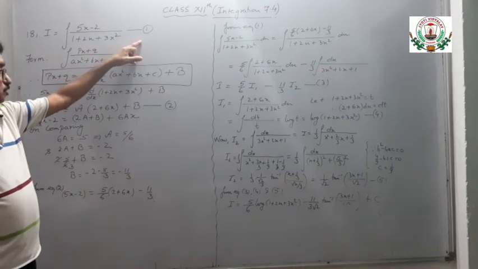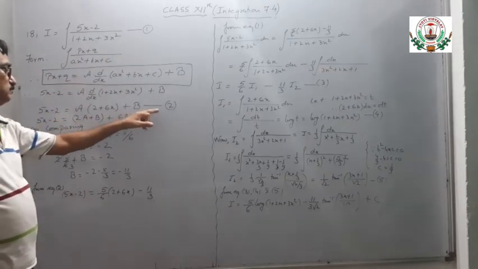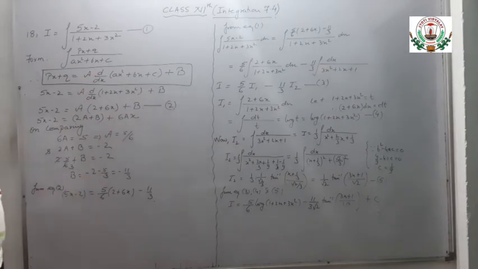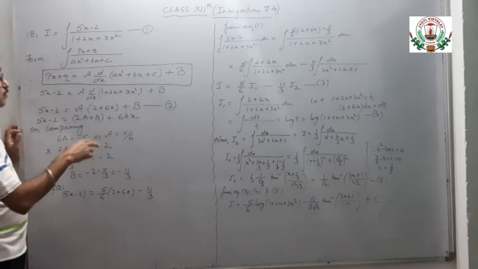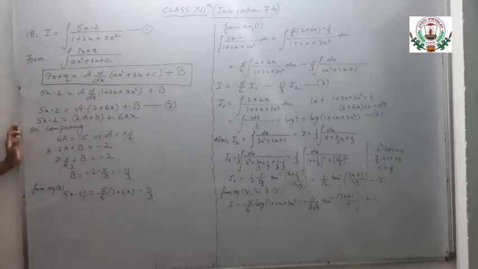The question was our equation 1. After differentiation what you get, that is equation 2. And now after getting the value of a and b, you substitute this value of a and b in equation number 2. If you solve the problem in a systematic manner, it will work out. If you are skipping steps, it will be difficult for you. So be careful.